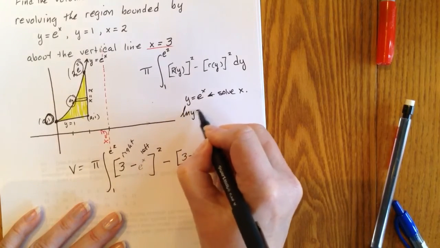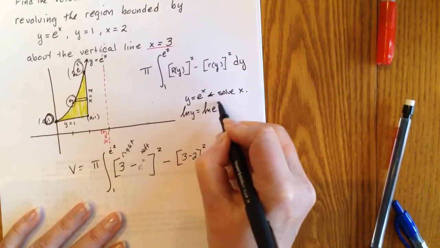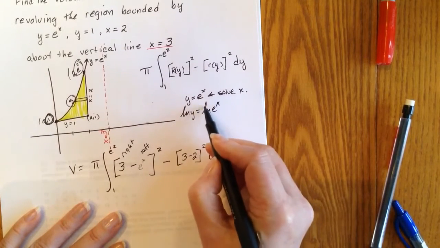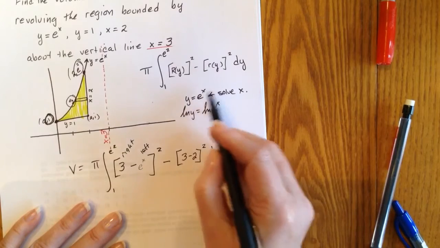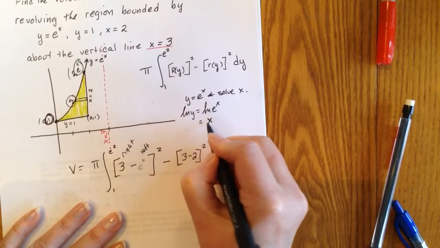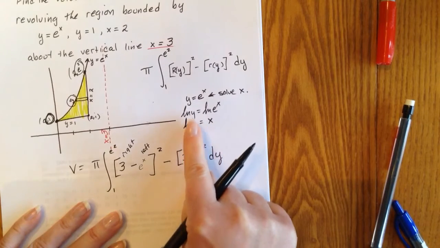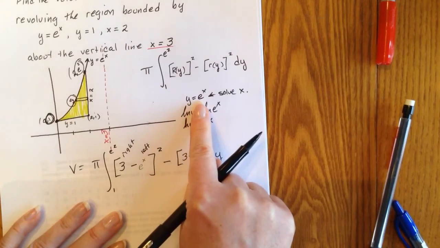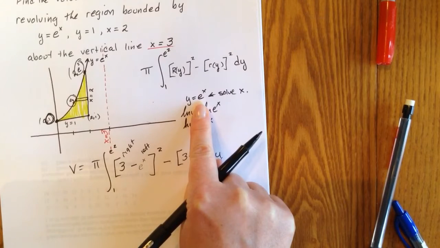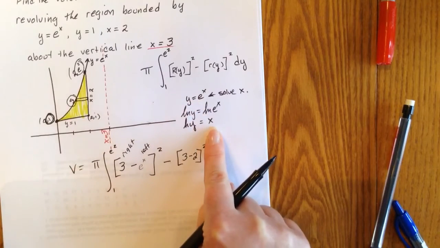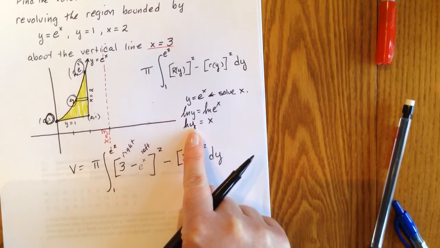I'm going to take the natural log of both sides. Isn't this log base e of e to the x? Those are inverse functions. That's just x. So here's the gig, people. The function y equals e to the x is also the function x equals natural log of y.